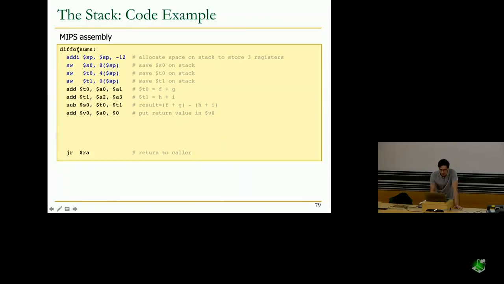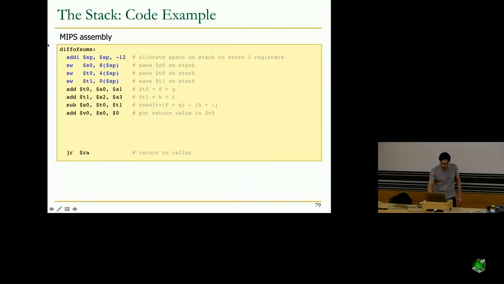In order to do that, we need to reserve space in the stack. The stack starts in the address that is stored in SP, that is called the stack pointer. So what we do is reserving some space in the stack by subtracting, in this case, 12 from the stack pointer. So we move the stack pointer and we reserve, in this case, 3 memory positions in order to store there S0, T0, and T1.